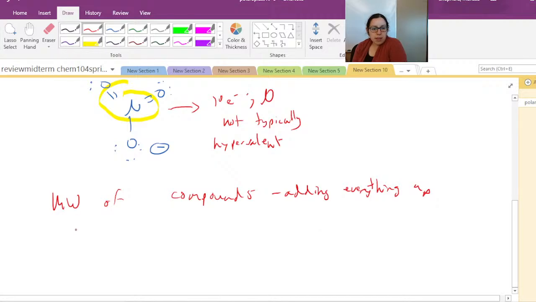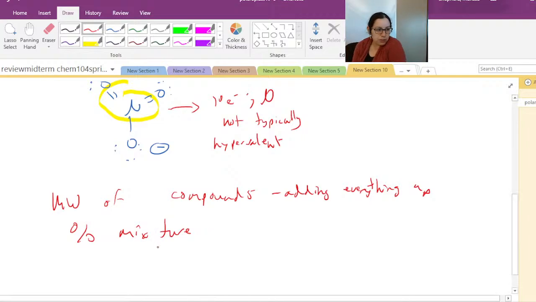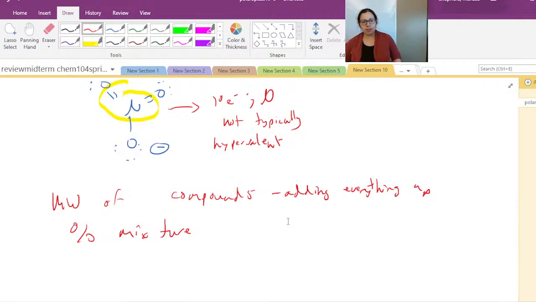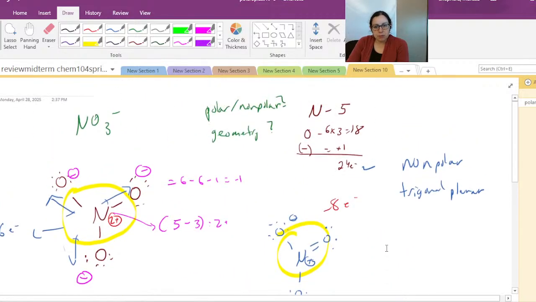And then there might be a percent mixture question as well. It could be like the sand has X number of grams, the salt is blah, how much is each percentage of the total? Or it might give you the total. So that type of question. But otherwise, we went over everything that's on the exam. At least, like I said, for the in-person exam, the online exam is a little different.